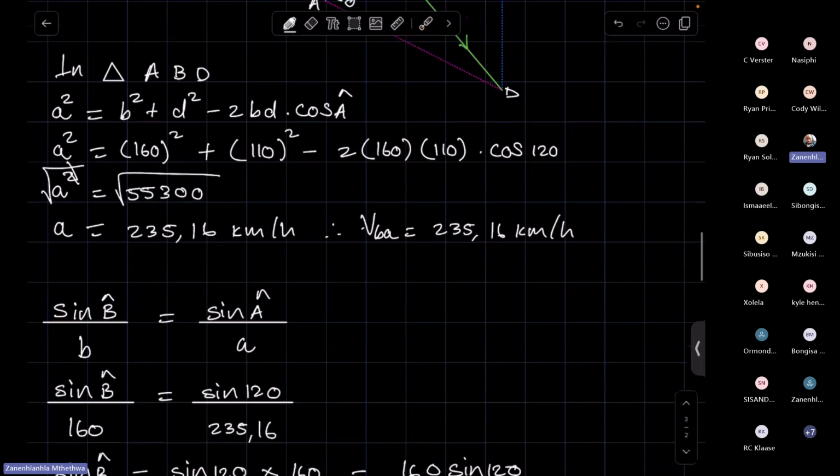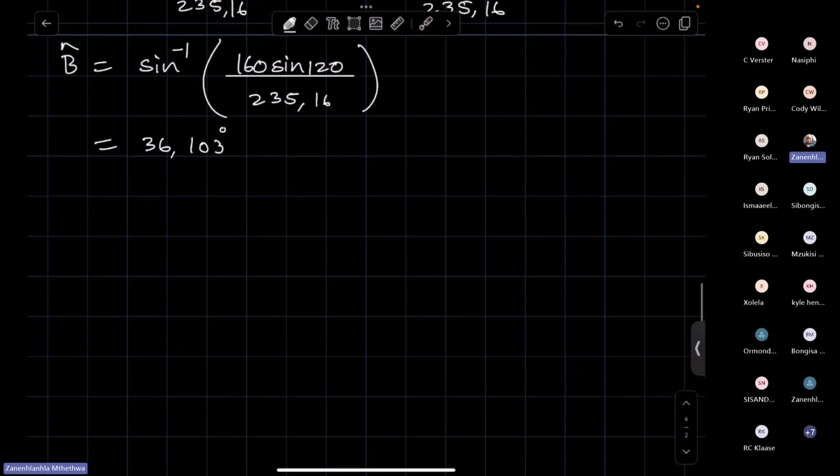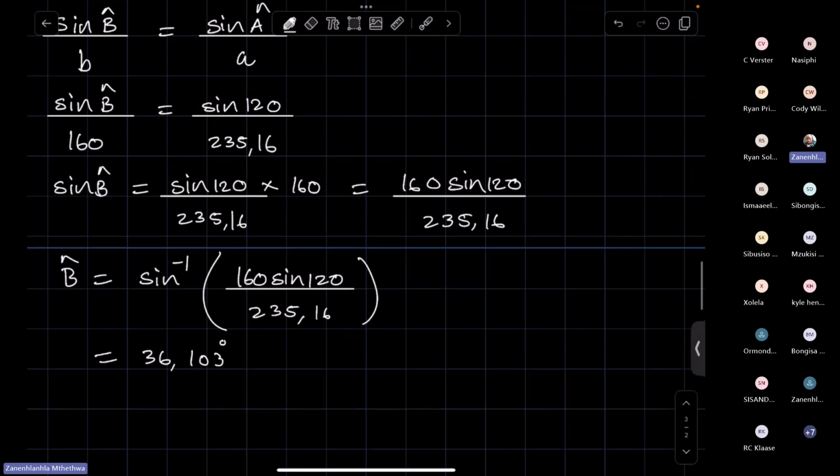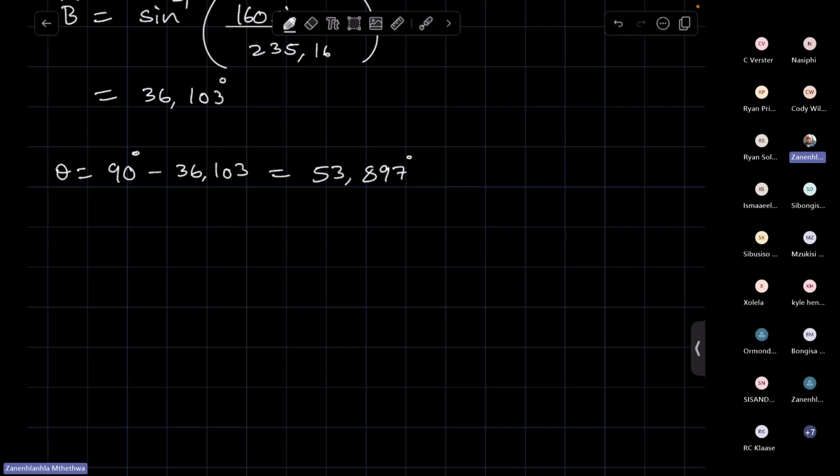So in getting the angle from the x-axis, we know that the whole angle is 90 degrees. So to get this one, we'll simply say 90 minus the one we just got, and we'll get the angle referenced from the x-axis. So theta is equal to 90 degrees minus 36.103, which gives 53.897 degrees.